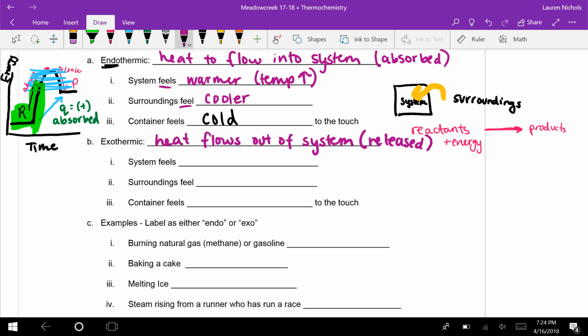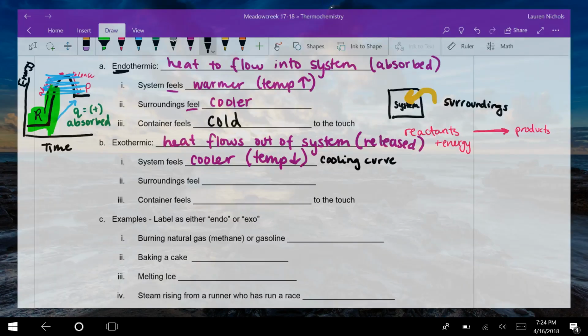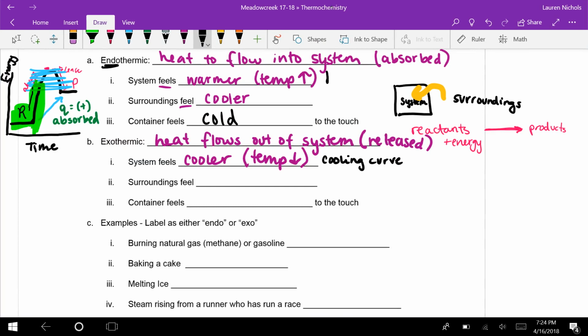Okay, and so that means the system will feel cooler because heat is leaving it, so it feels the absence of that heat, and so you're going to see a temperature decrease. Okay, and so if we're seeing temperature decreases, cooling curves are examples of exothermic reactions, and heating curves are examples of endothermic reactions. But that was a little side note.